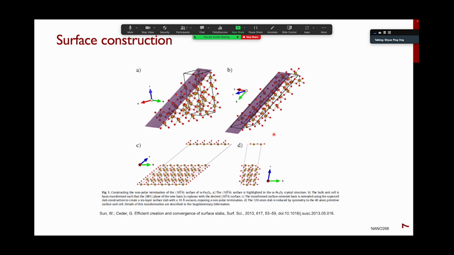Okay, so obviously this is a very abstract and generalized approach to creating surface planes, and for very complicated crystal structures, this is the way you will go about doing it.